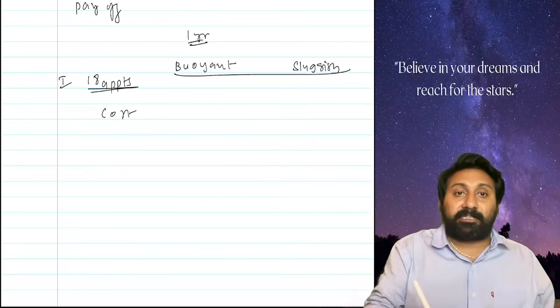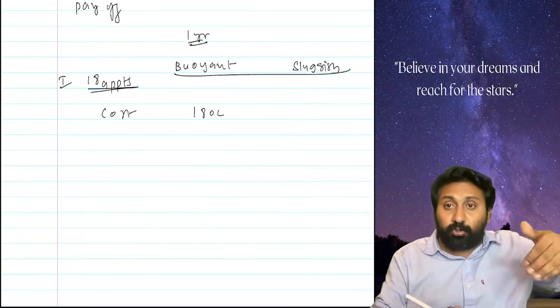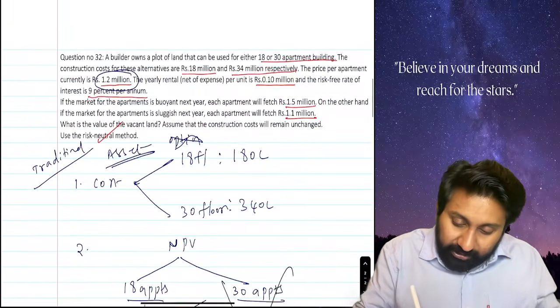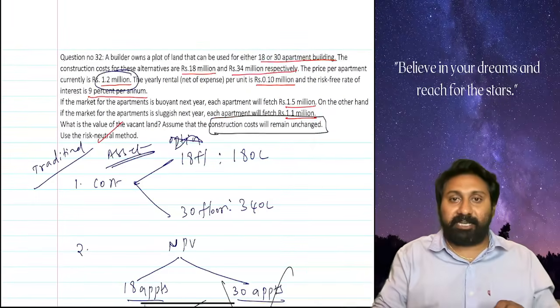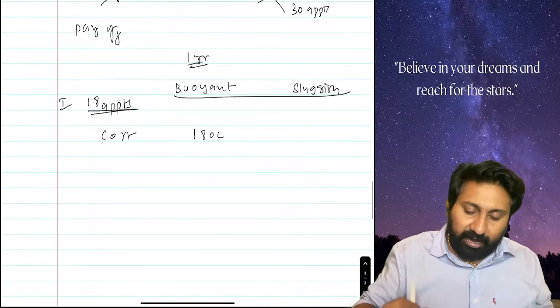My cost of constructing 18 apartments will be 180 lakhs. Sir, 180 lakhs today. That's why in the question they have clearly given, assume that construction cost will remain unchanged. That's all. Answer over. So, 180 lakhs.